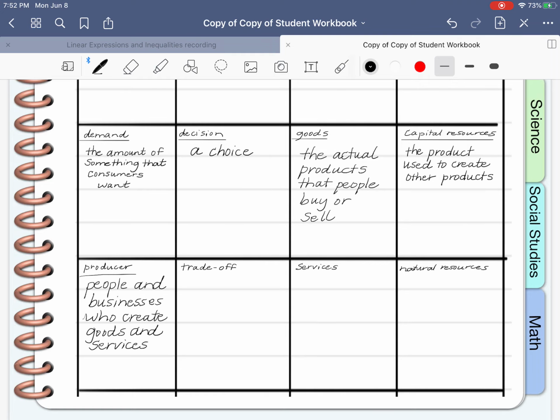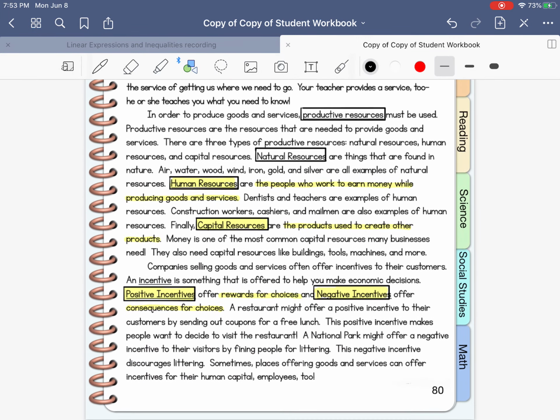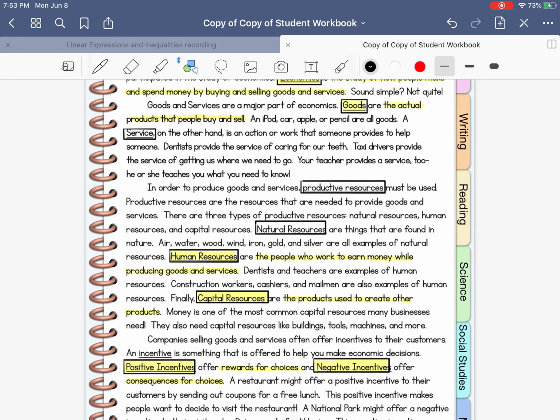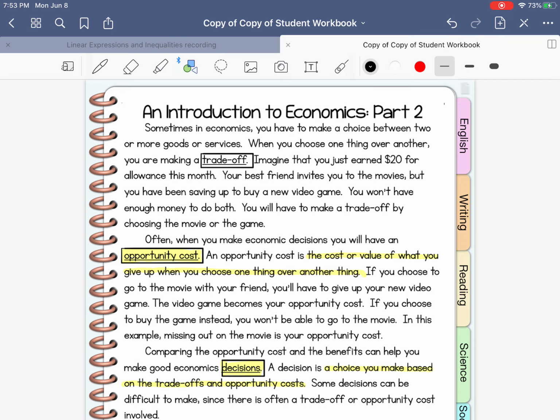A trade-off. We've all been faced with these decisions about trading off. When you choose one thing over another, you are making a trade-off.